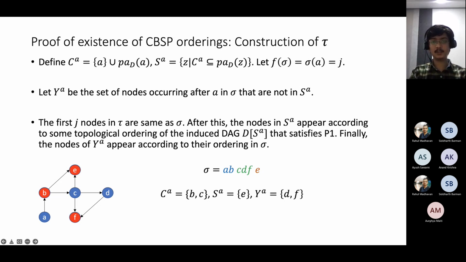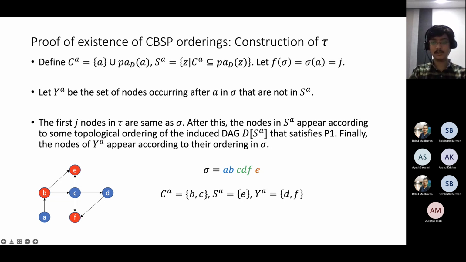SA is the set of all nodes for which CA is a subset of their parents, and we can see that E has parents B, C, and therefore CA is a subset of the parents of E. So SA becomes just E, and there's no other node satisfying the same thing. Y is the set of nodes that occur after C but are not in SA, so YA would become D, F. So finally, what would be tau?